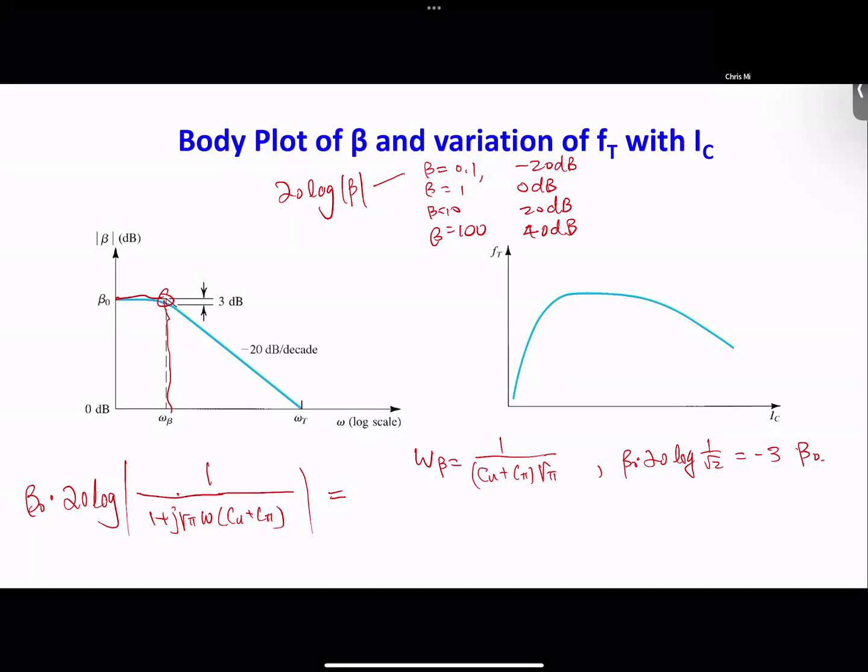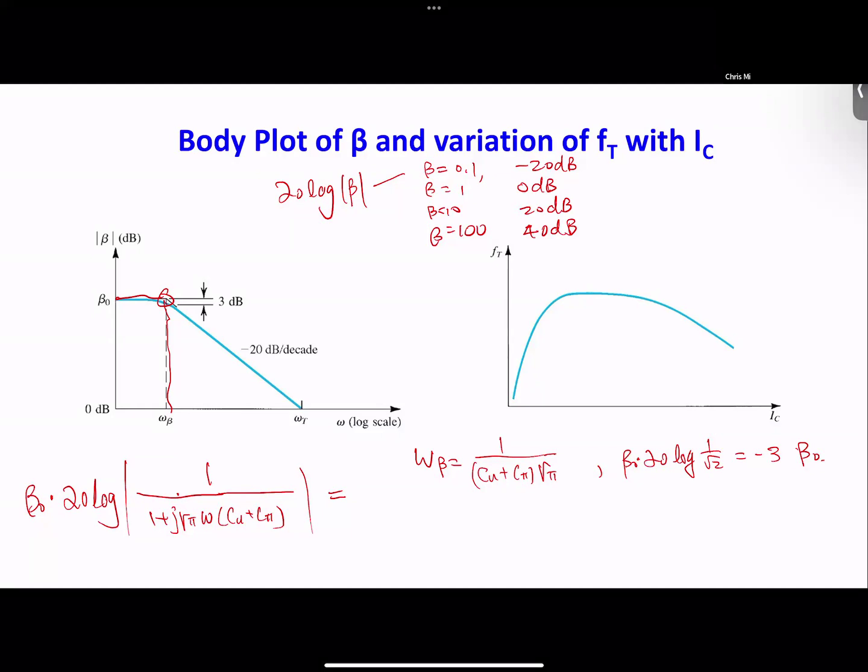So in this plot, when omega is small enough, the frequency-dependent term can be neglected.